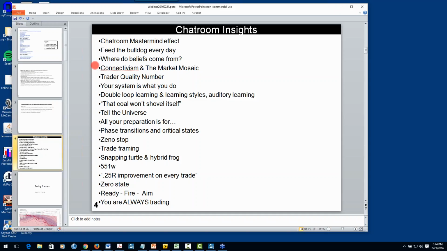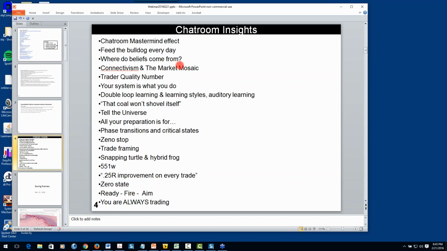And so connectivism is the way in educational theory we talk about the phenomenon of linking together networks of actors and processes to gain a rich description of the world. So the market mosaic is all those extra things in the daily and weekly report that give some insights into this complex market mosaic.